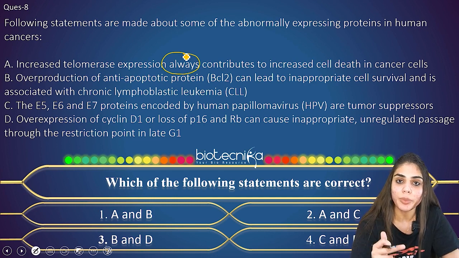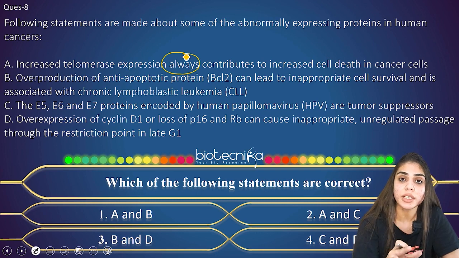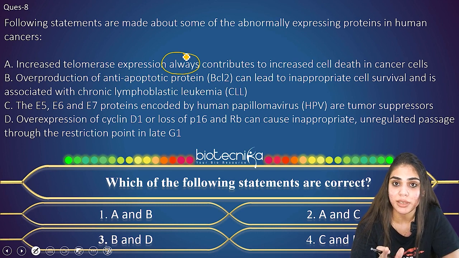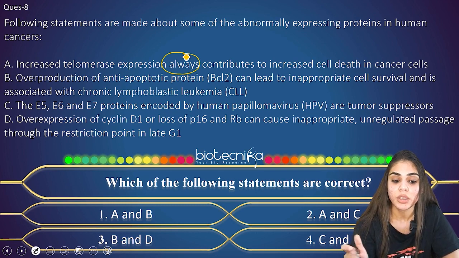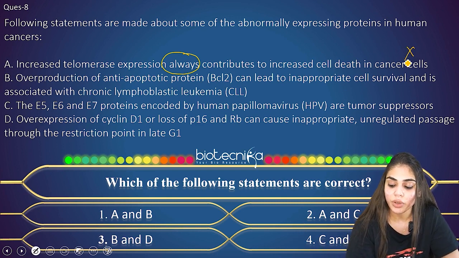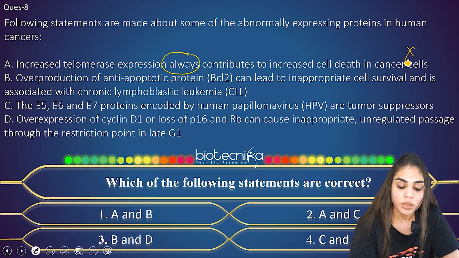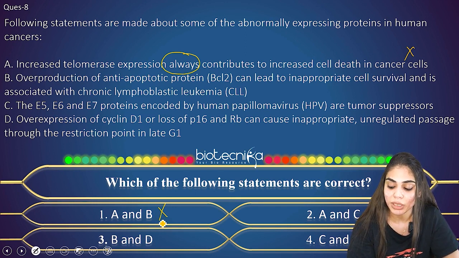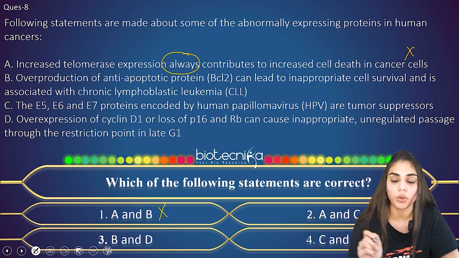Telomerase is responsible for long-term division that will turn the normal cell into a cancerous cell, but not always, because telomerase is associated with only 85 to 95% of human cancers. So this statement is incorrect. What we have to select is which of the following statements are correct. We have seen the first statement is incorrect, so we can rule out the options that include statement A. Again, option 2 will go.